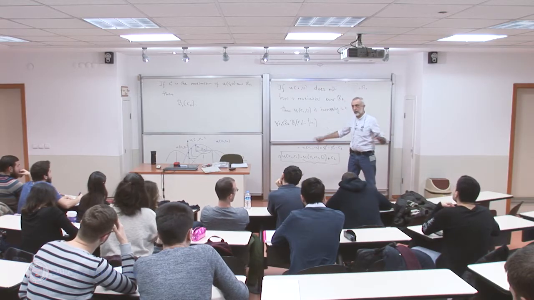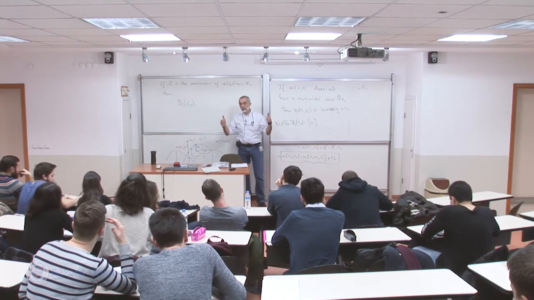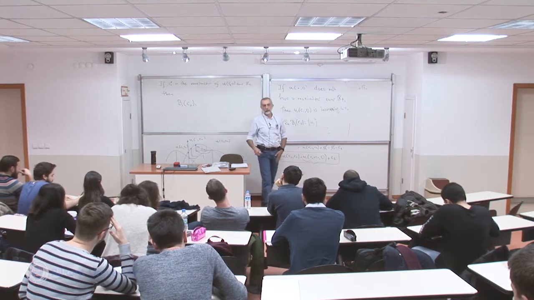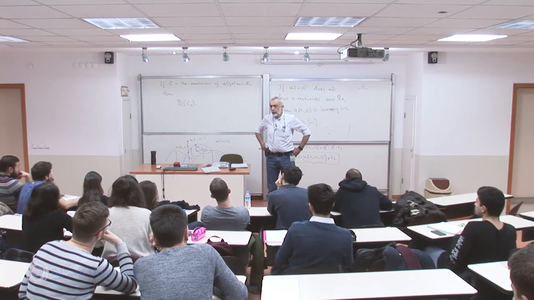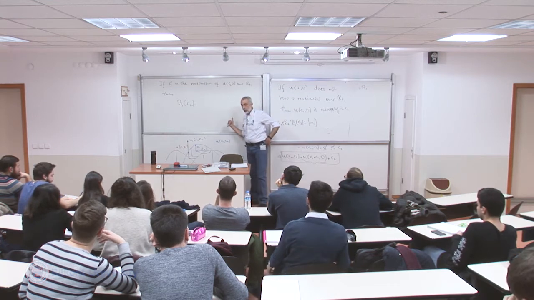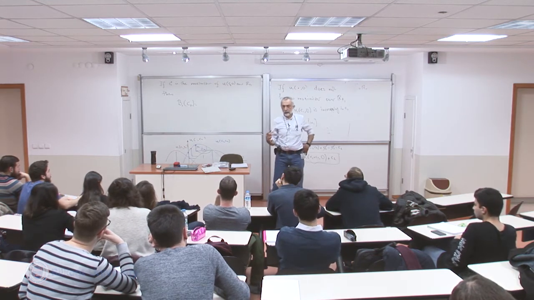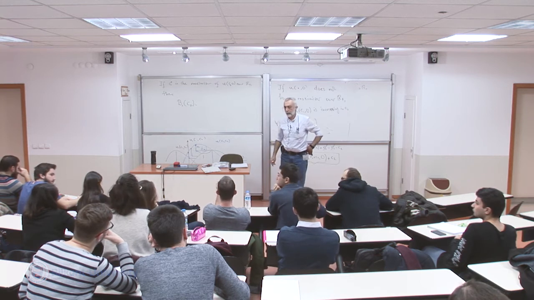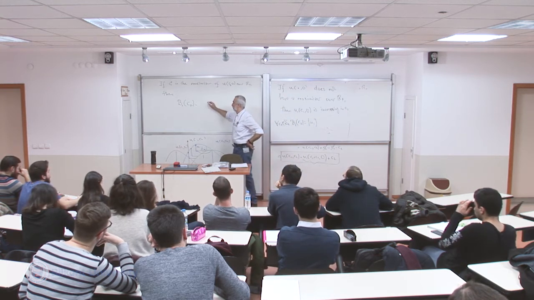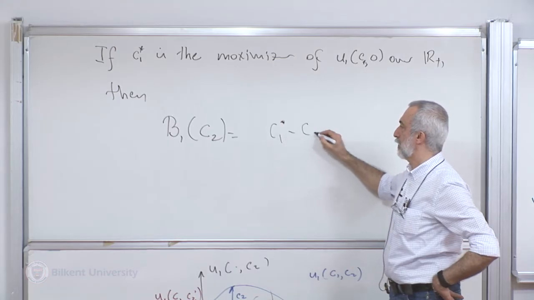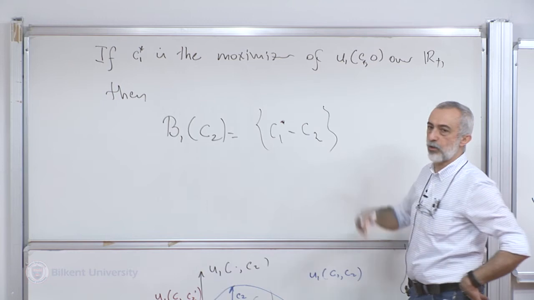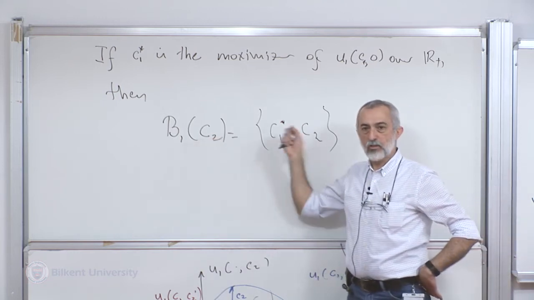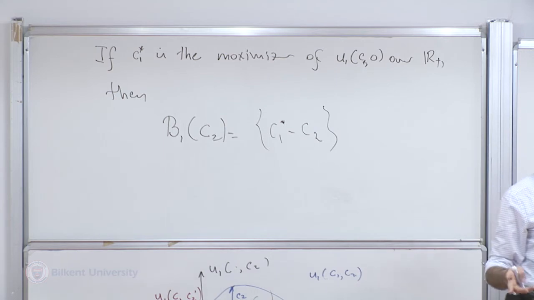First of all, we're not maximizing over R plus, we're maximizing over the interval 0, W1, which means that our best response cannot be bigger than W1 or less than 0. C1 star minus C2. Okay, everybody agree? So it's a set, of course. Best response is a correspondence. It takes strategies and maps them to sets of strategies. So far, so good?